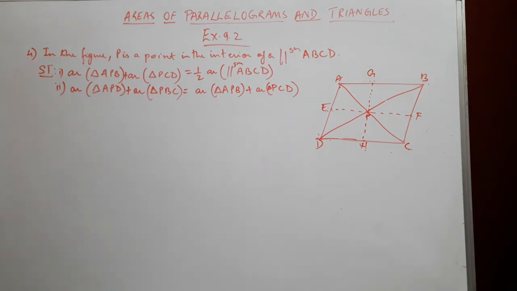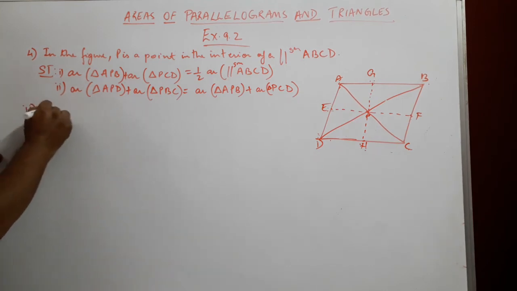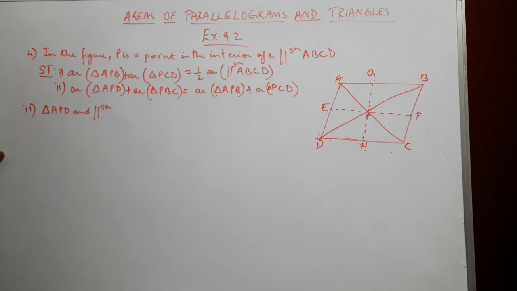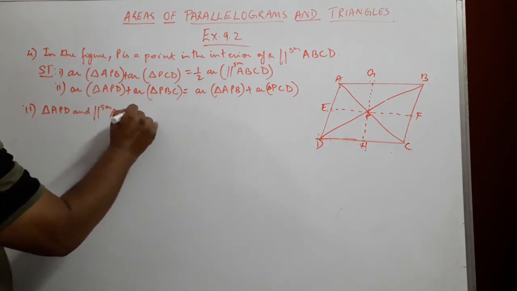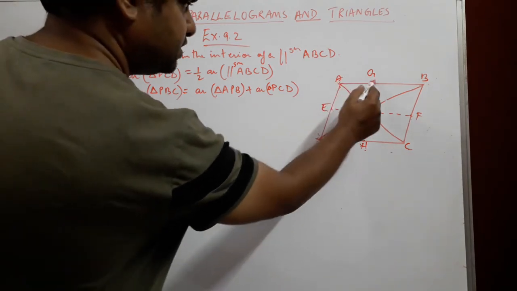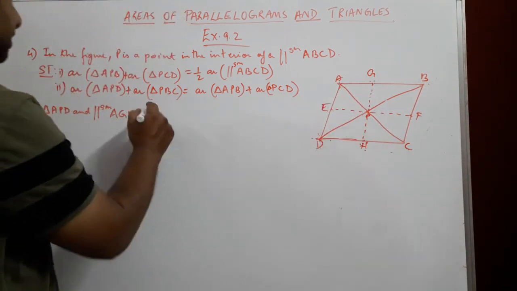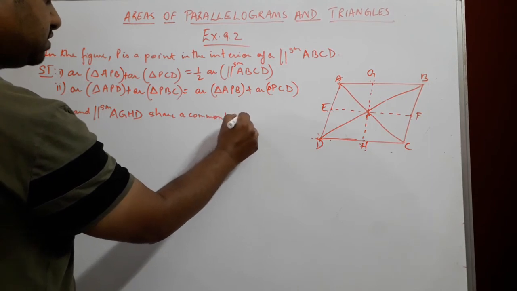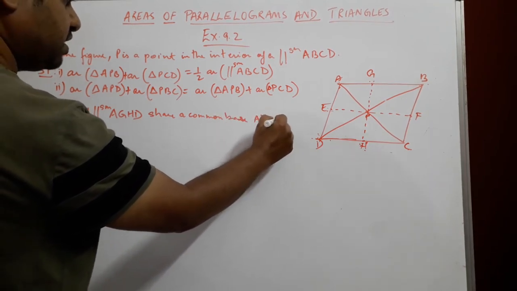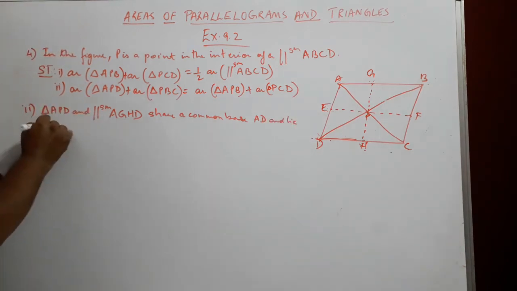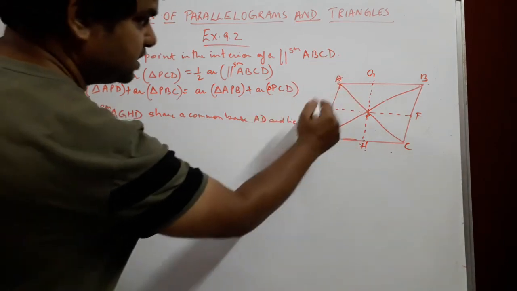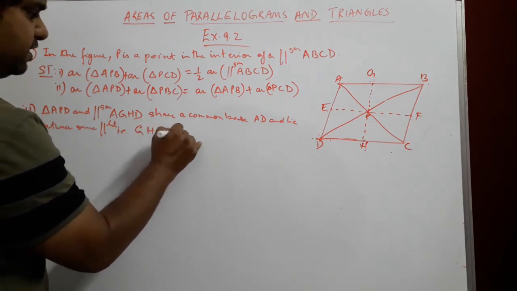Now for the second part. In the second part, triangle APD and parallelogram AGHD share a common base AD and lie between the same parallels, that is GH and AD.